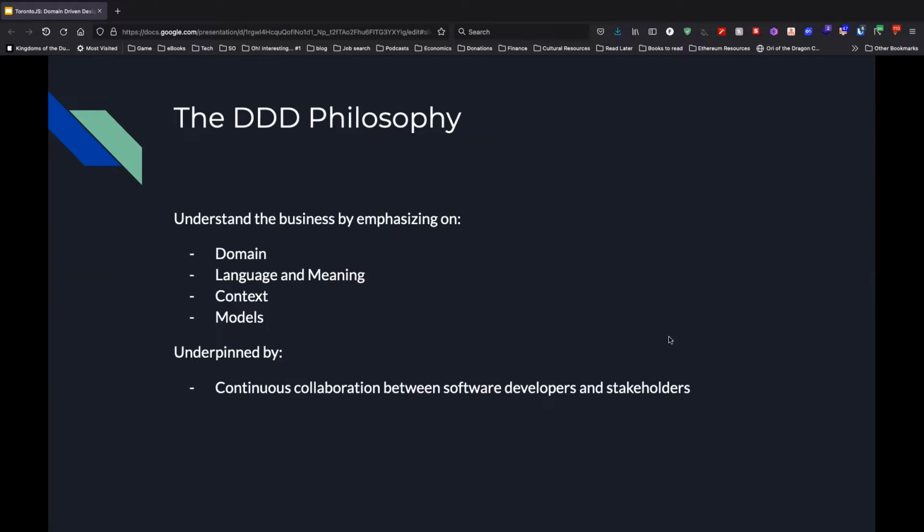So domain-driven design really works well with agile methodologies, assuming that you are really doing agile in the sense of the agile manifesto: individuals and interactions over processes and tools, working software over comprehensive documentation, customer collaboration over contract negotiation, and responding to change over following a plan.